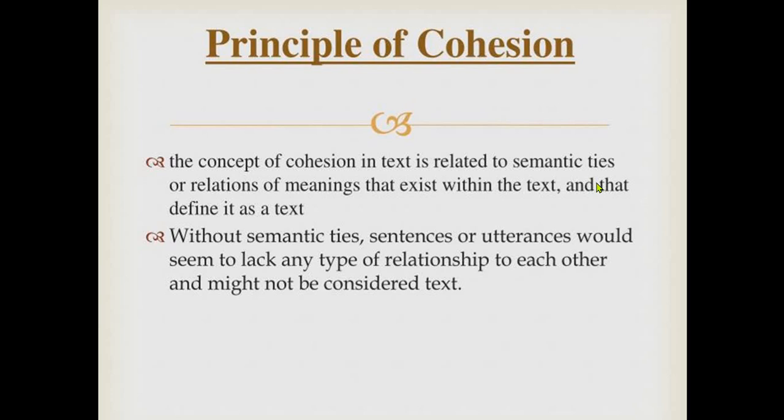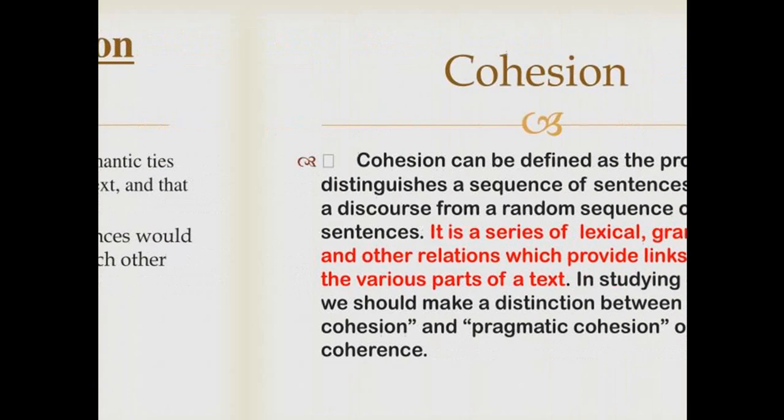So first of all, we should mention the principle of cohesion. The concept of cohesion in text is related to semantic ties or relations of meanings that exist within the text and that define it as a text. Without semantic ties, sentences or utterances would seem to lack any type of relationship to each other and mightn't be considered as a text.